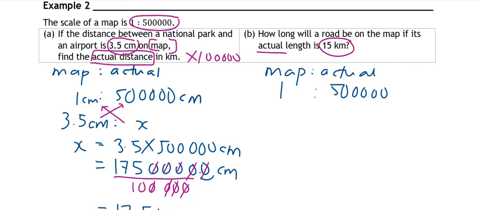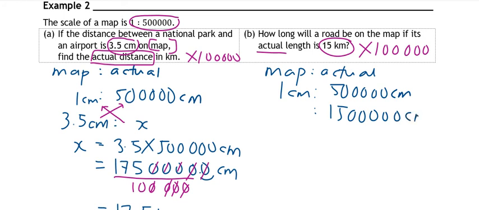Now to be safe here, since your actual length is given in kilometers, let's use the default centimeter over here. So you have to multiply 15 kilometer by 100,000, right? So you put the actual length over here. So 15, how many zeros are there? 1, 2, 3, 4, 5 centimeter.